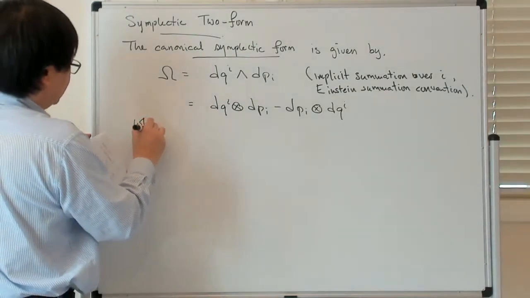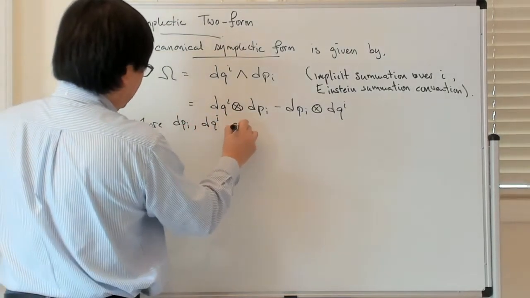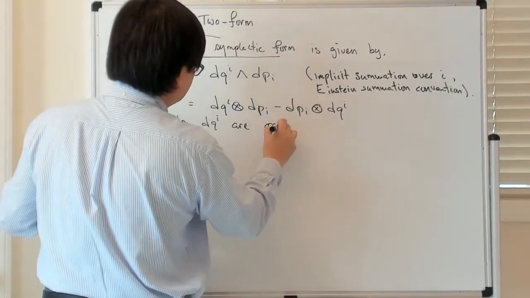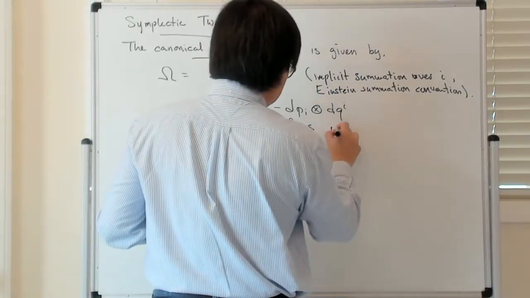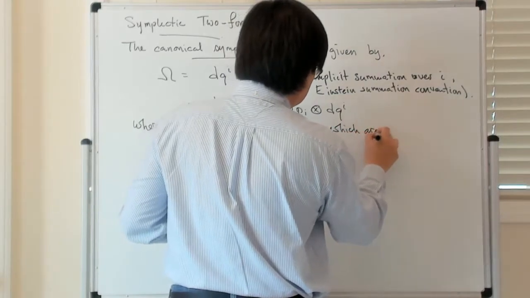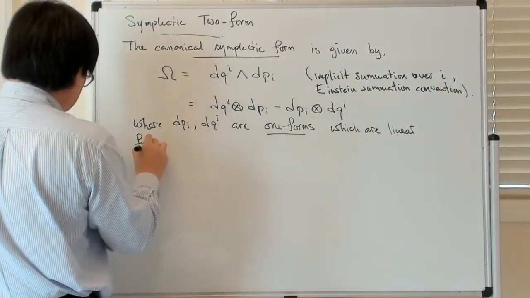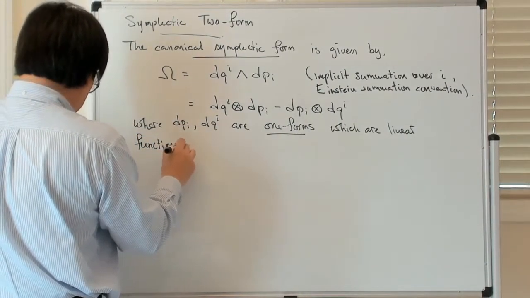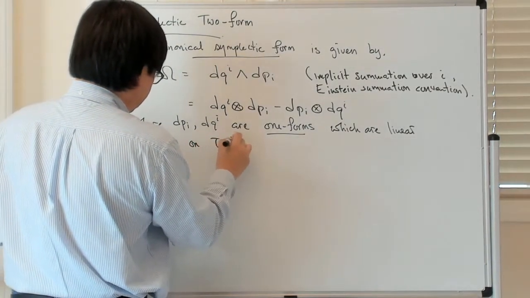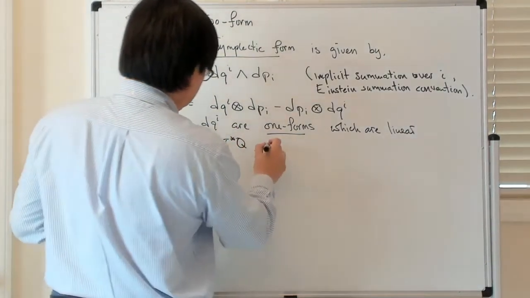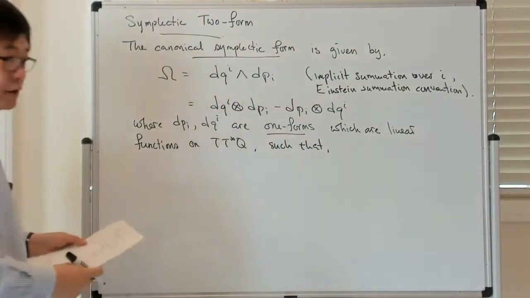Where dp_i and dq^i are what are known as one-forms, which are linear functionals on T*Q, with the property that they have these canonical delta-like properties.